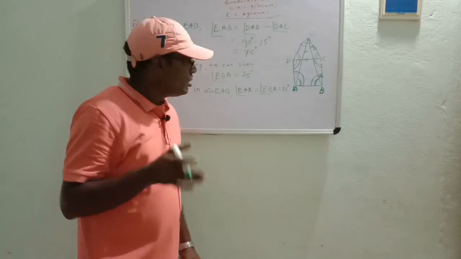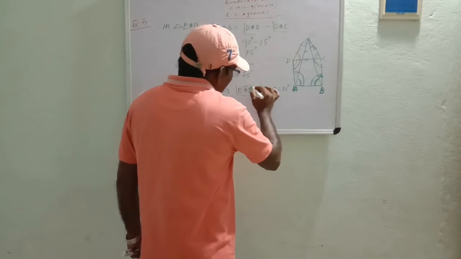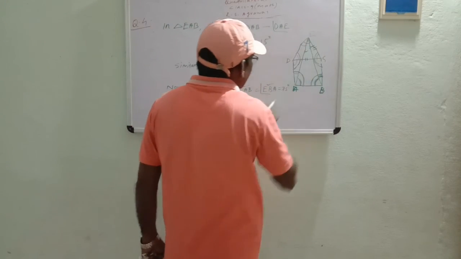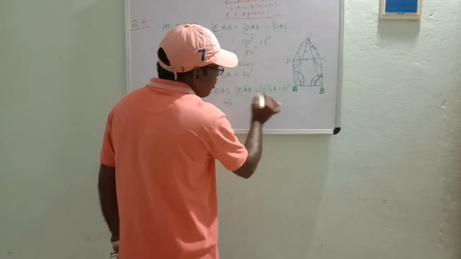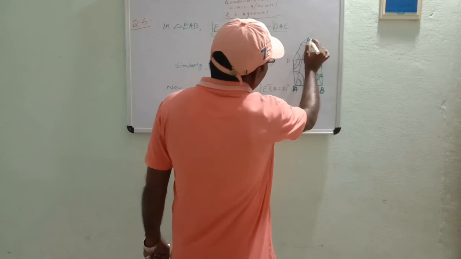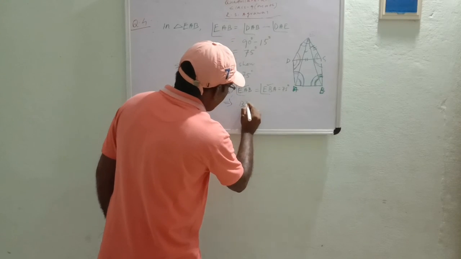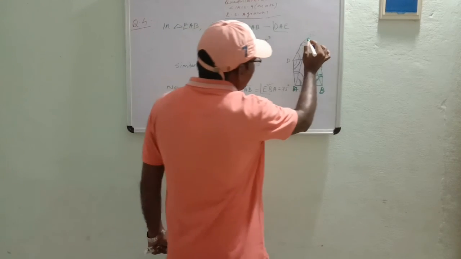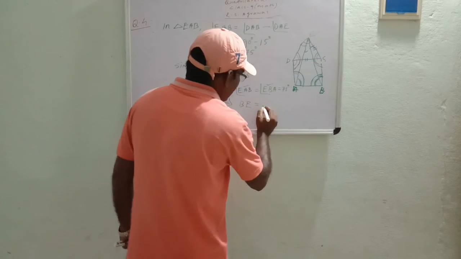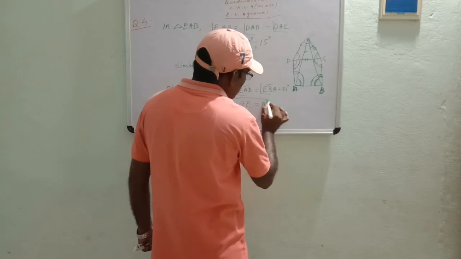So as these two angles are equal, that is 75 degree in triangle EAB, therefore their opposite sides must be equal. The opposite side of angle EAB is BE, and the opposite side of angle EBA is AE. So we can say that BE is equal to AE.